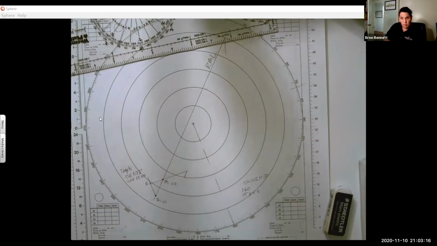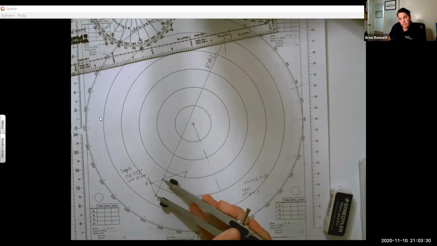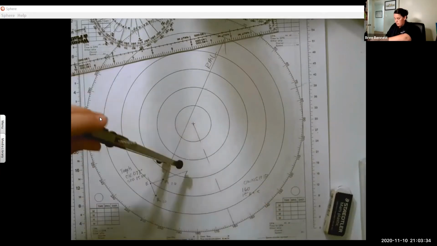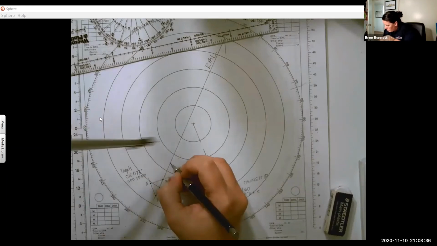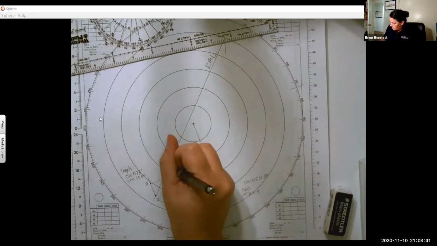So on this problem, they told us that our MX is a time instead of a distance. So it's at minute 12. So if this takes 6 minutes, then our minute 12 would be right here. So this is our MX.